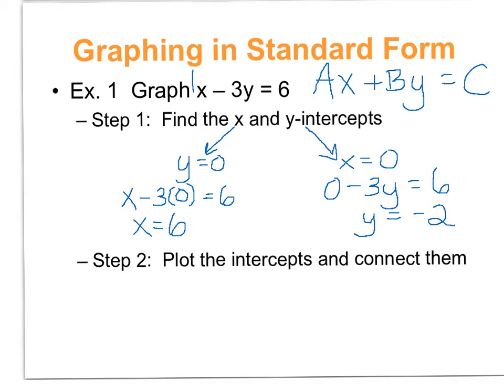In order to graph this, we are going to plot the intercepts and connect them. So on your graph, when x is 6, y is 0. It's this point right here. And over here, for our y-intercept, we have x is 0 and y is negative 2. And then you can just connect the two.